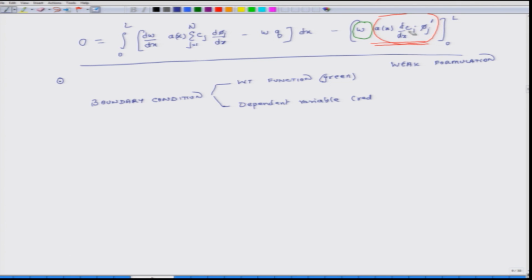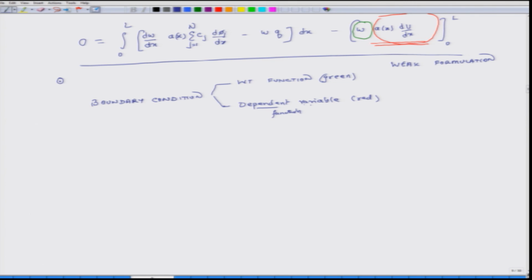Actually, at this stage I will replace this by u du over dx, which is mathematically the same. So, it is a function of the dependent variable.